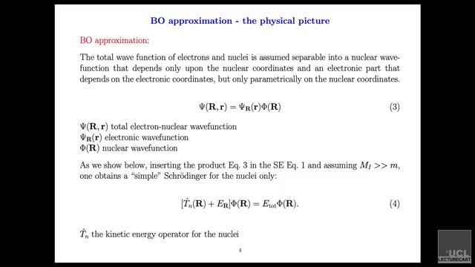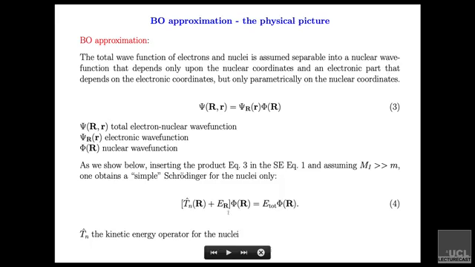So now we start by writing down this coupled electron-nuclear wave function as a simple product of an electronic wave function, which depends on the electronic coordinates and only parametrically on the nuclear coordinates, times a nuclear wave function, psi of R. If you insert this simple product into the fully coupled Schrödinger equation that I showed in the previous slide, and you assume that the mass of all the nuclei is much larger than the mass of the electrons, one obtains a much simpler Schrödinger equation, shown here in equation 4.